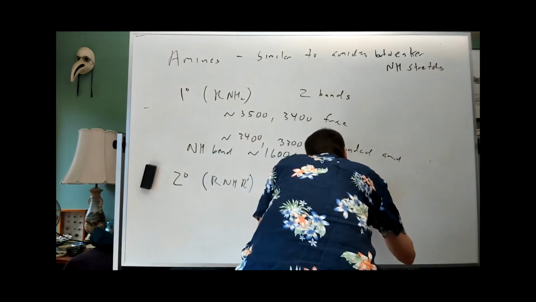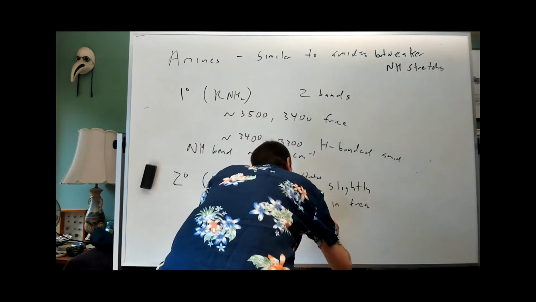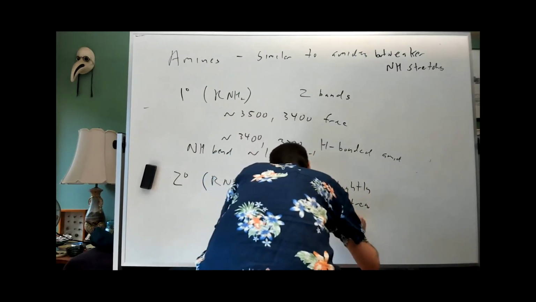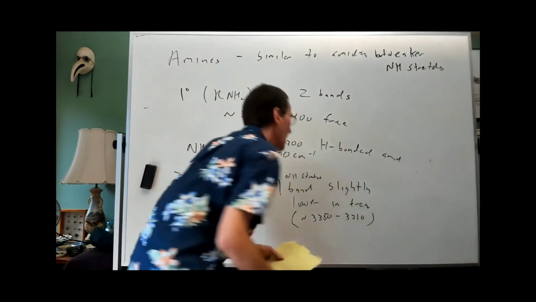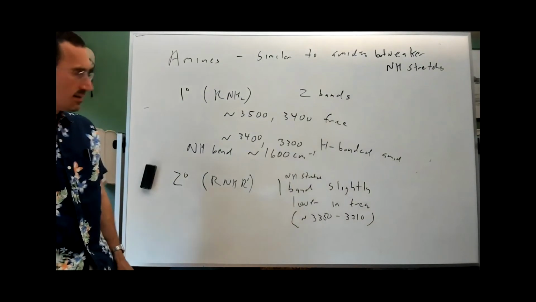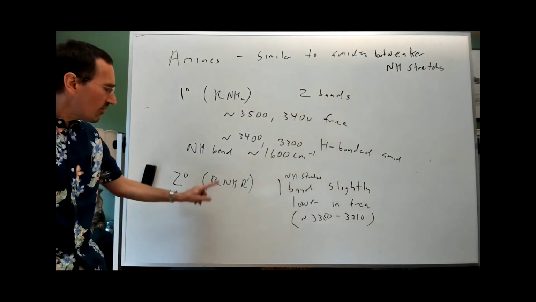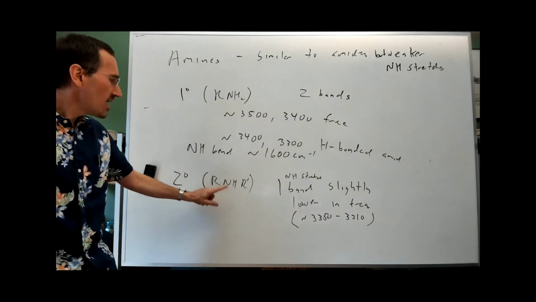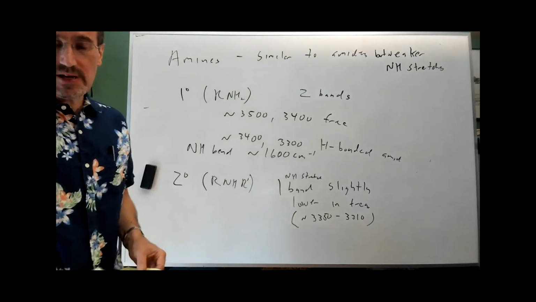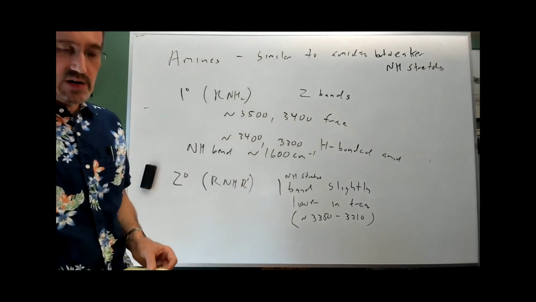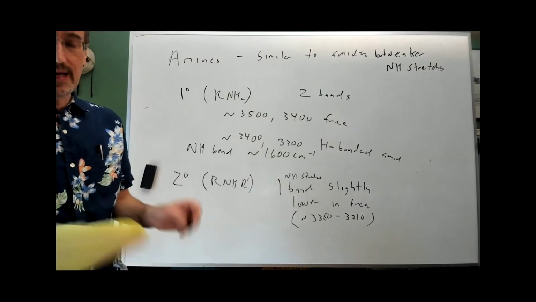Let's say about 3,350 to about 3,310. Probably ballparks it. And I'll tell you from personal experience, if your secondary amine has any size to it, if it's a couple of hundred molecular weight, it is really, really hard to pick out.